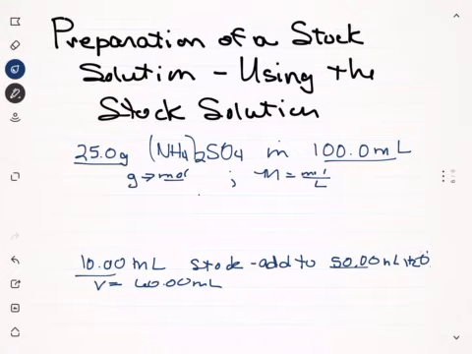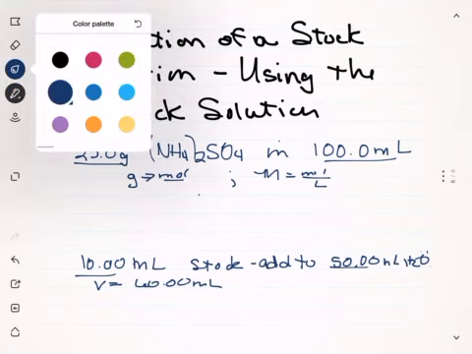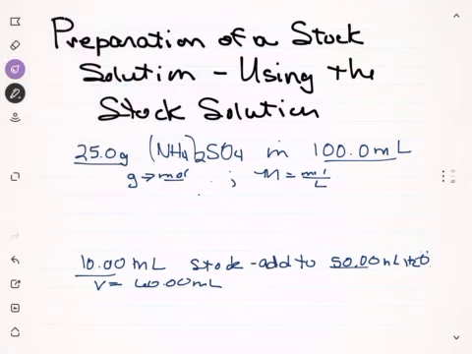I looked up the molar mass of ammonium sulfate, and it is 132.14 grams per mole. That purple one is the molar mass of ammonium sulfate.